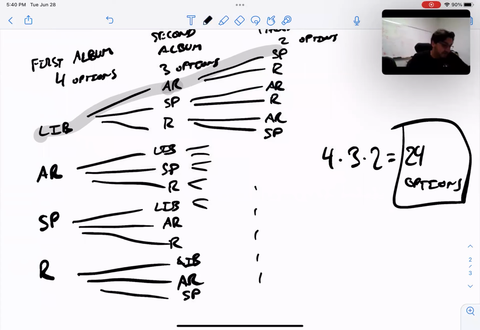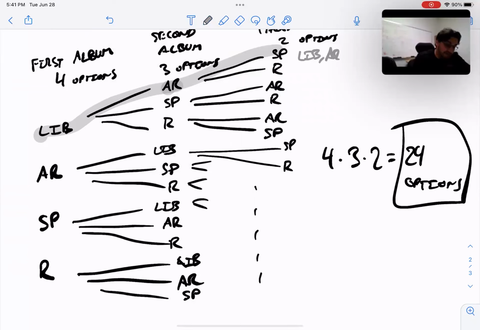Also notice the fact that order matters. For example, let me write out these 2. If I did Abbey Road, Let It Be, and then from here I have either Sergeant Pepper or Revolver. Notice I really am counting this gray DJ option, Let It Be followed by Abbey Road, followed by Sergeant Pepper, as a distinct DJ option from Abbey Road, followed by Let It Be, followed by Sergeant Pepper.